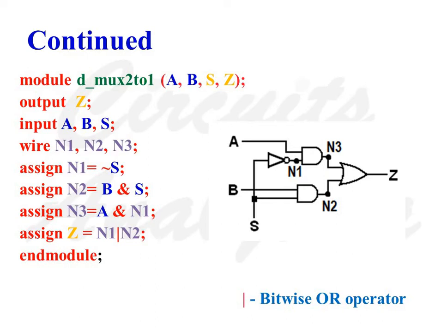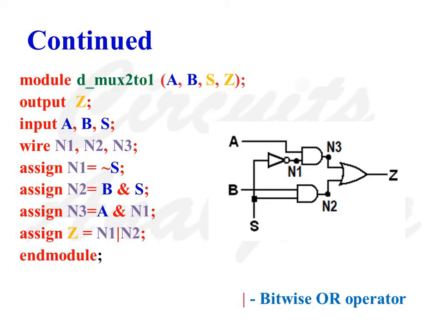Next line, output Z, specifies that Z is the output port, and the line input A, B, S semicolon mentions that the ports A, B and S are input ports.